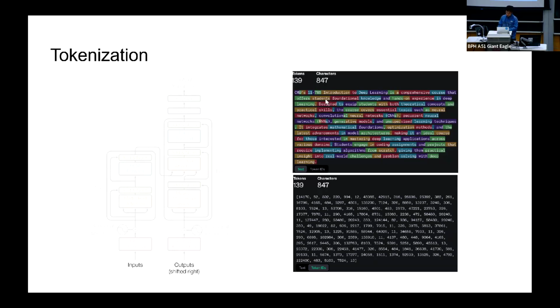If you look at this example here, you can see that some words are a token as a whole, for example learning or comprehensive. Other words can be broken into several tokens.